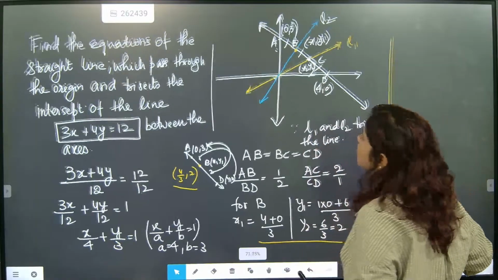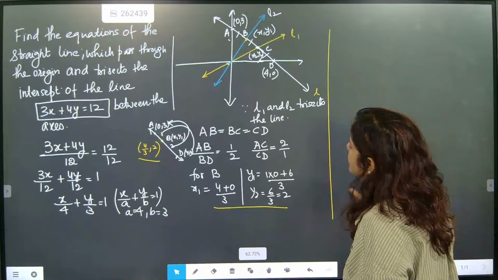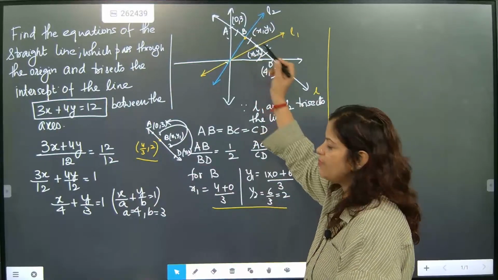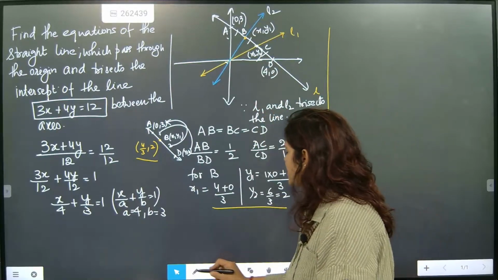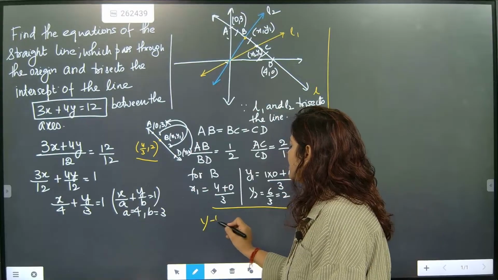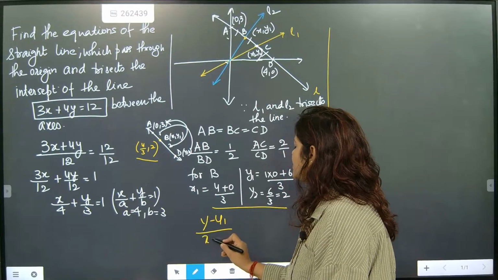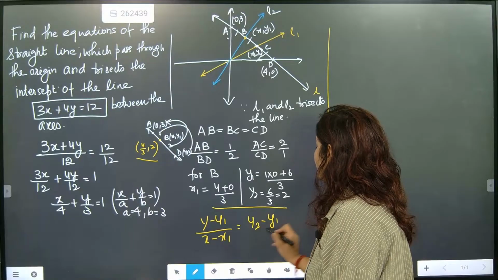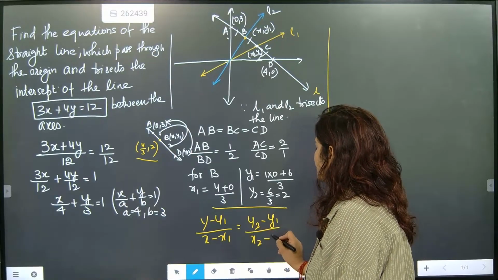Once we get point B, only one small work is there, and that is (y minus y1) by (x minus x1) is equal to (y2 minus y1) by (x2 minus x1).